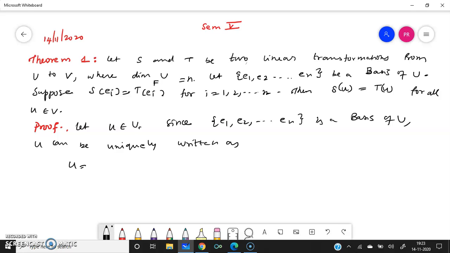Because a basis is given, we can write a linear combination. Any element in U can be written as a linear combination of the basis. So using the property, we can find alpha i's, that is scalars, such that u can be written as alpha 1 E1 plus alpha 2 E2 plus and so on plus alpha n En, where alpha i's are scalars.